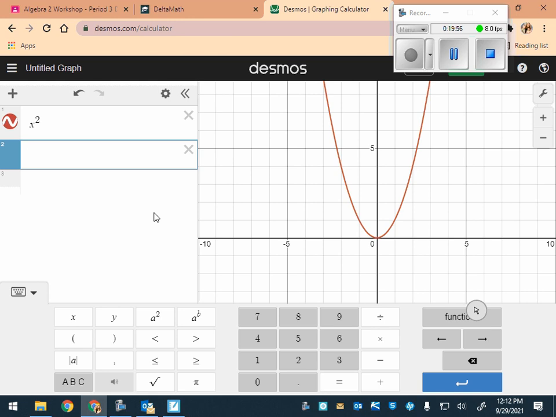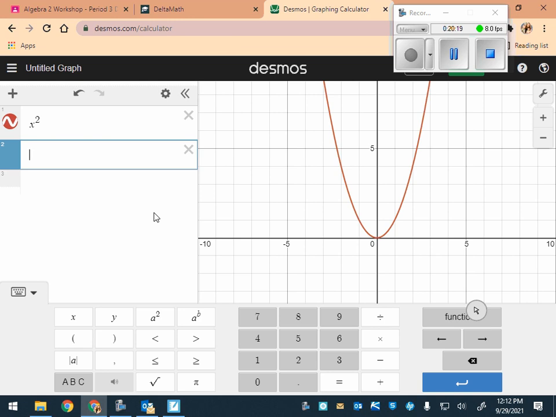So now, I want you guys to put a variety of numbers and do different graphs by placing a number in front of x squared. For example, 2x squared. Try that one out, see what happens. You could do a negative, you could do a fraction, whatever you want.